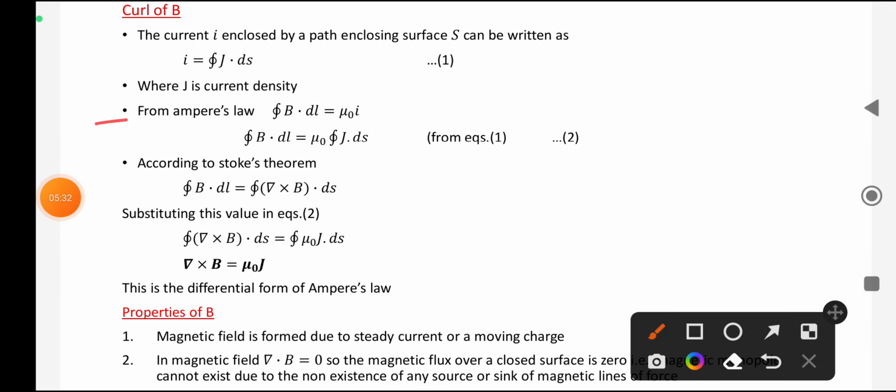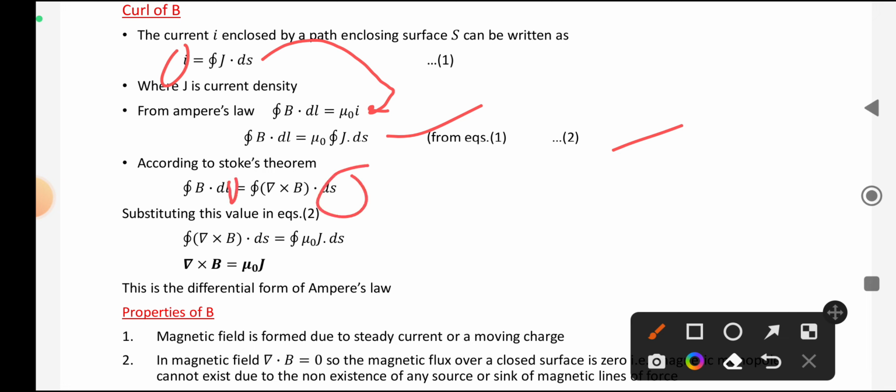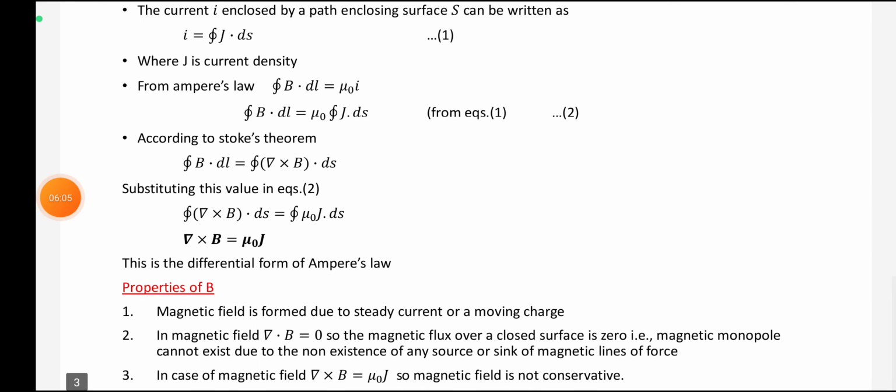Next, from Ampere's law, integral B dot dl is equal to mu naught into I. In the place of I, take this value and substitute here. Then take Stokes theorem. In Stokes theorem, the line integral is converted to a surface integral, but in divergence, ds is converted into dv.